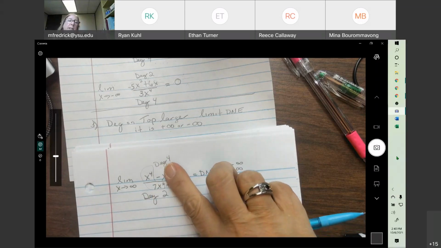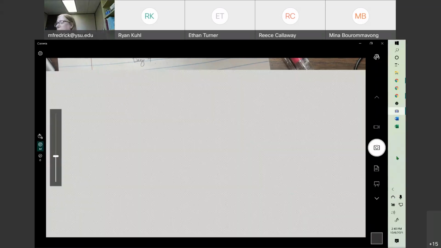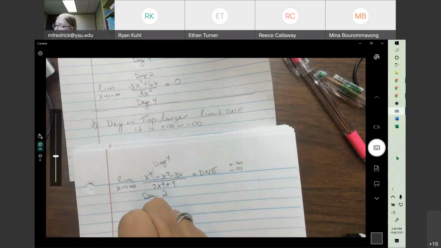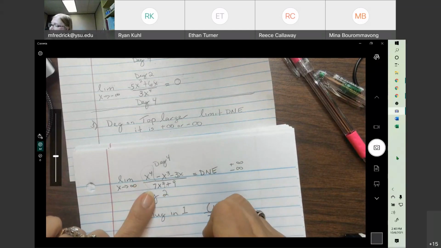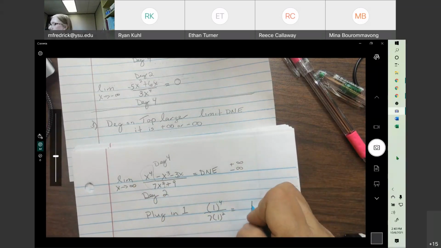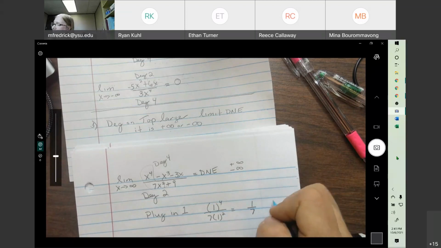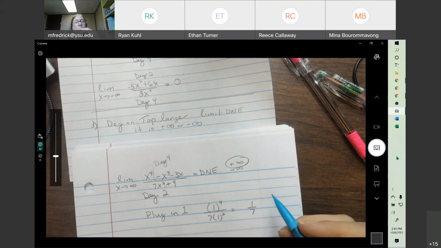But you can just take the leading terms and plug in a positive 1. And we get 1 to the 4th over 7 times 1 squared, which is a positive number because we have 1 over 7. That means this is positive infinity.